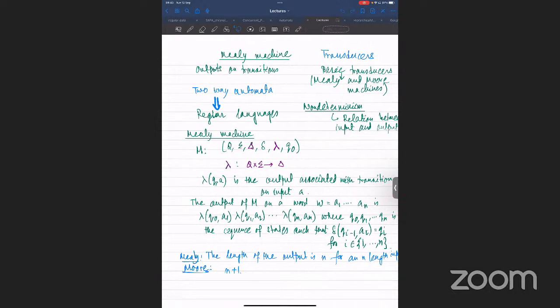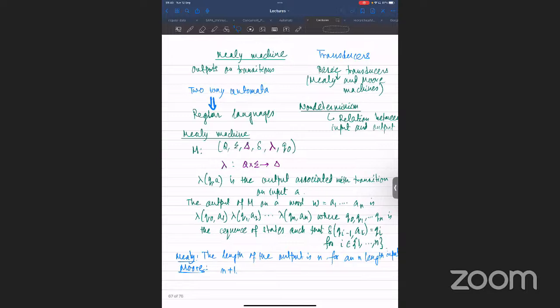And then we said that you can translate a Moore machine to a Mealy machine. And how do you do that? How did you translate Moore machines to Mealy machines? So we are talking about translating from Moore to Mealy machine, right?